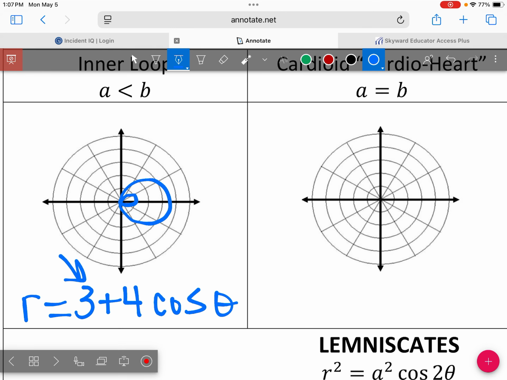If you just wanted to look more like a heart, then you would use the same number. So let's say 4 plus 4 cosine theta. And of course, this could be sine if you wanted to point up or down. I'm just using cosine. That's going to look more like a heart. Something like that. I know, heart-ish.